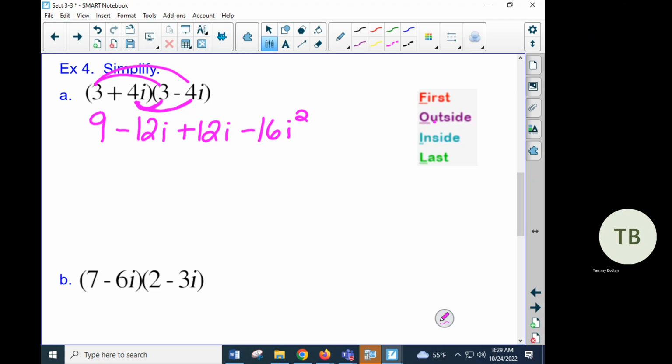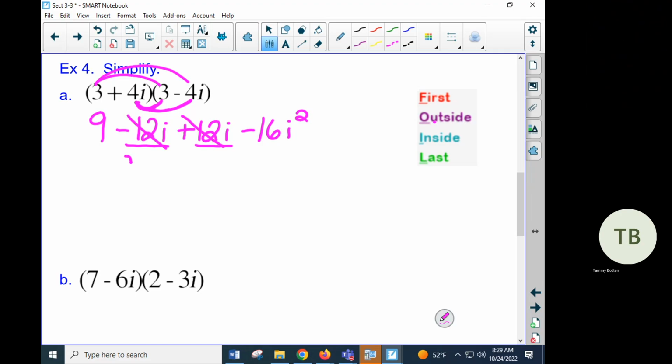Okay. Now, I will tell you guys, if these two are ever exactly the same, except for the sign in the middle, what should happen is your middle two terms should cross out. Okay, but they'd have to be exactly the same, except for the signs. So if you notice -12i plus 12i, those do cancel.